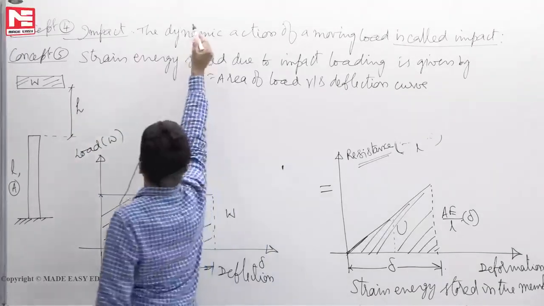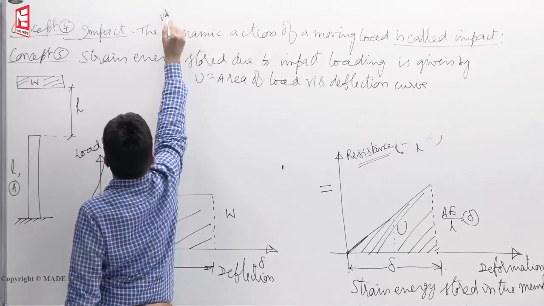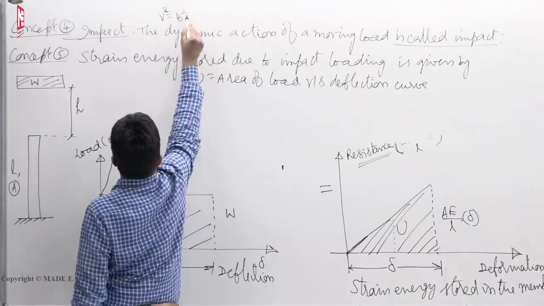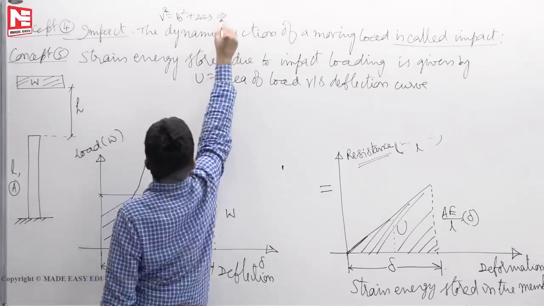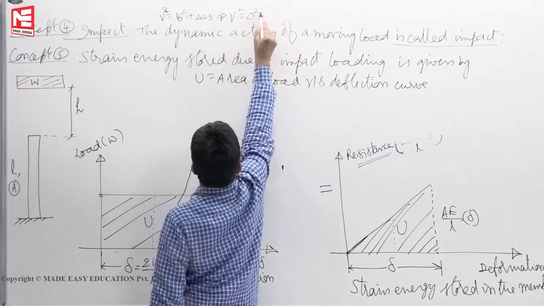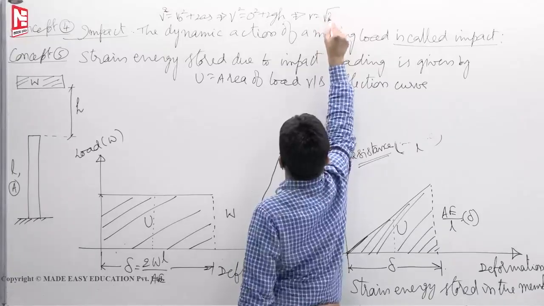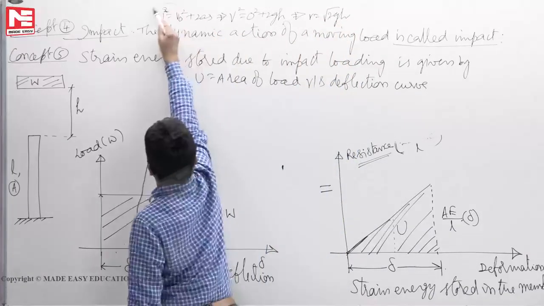How? Final velocity square is equal to initial velocity square plus 2as. So initial velocity here is 0, final velocity v square is equal to 0 square plus 2gh, and v is equal to square root of 2gh.